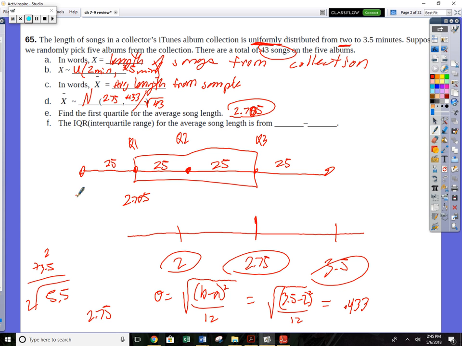The smallest is still going to be 2 minutes. 25% of them live in this range, from 2 minutes to almost 3 minutes.